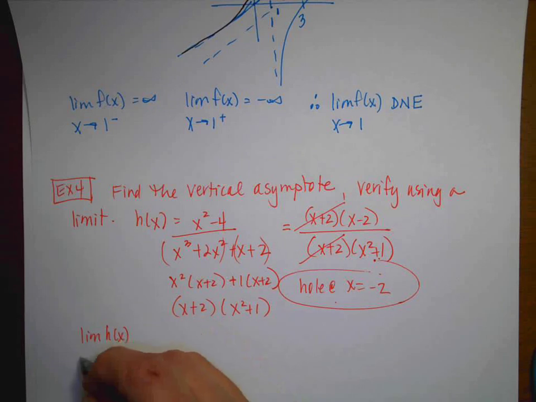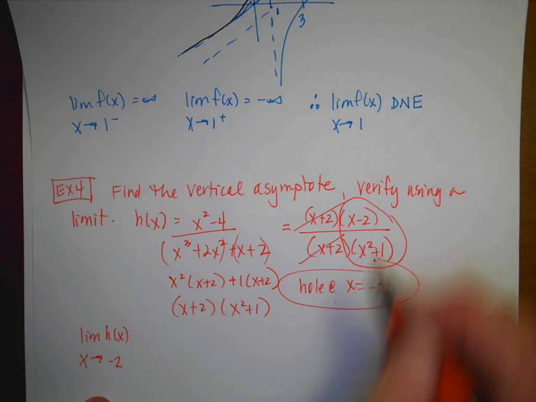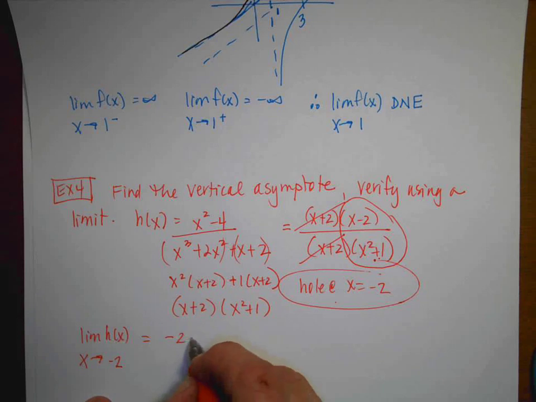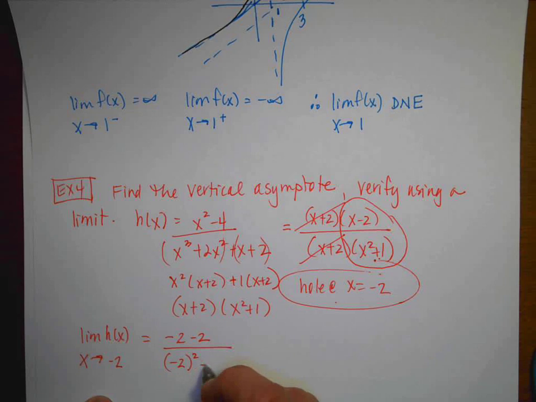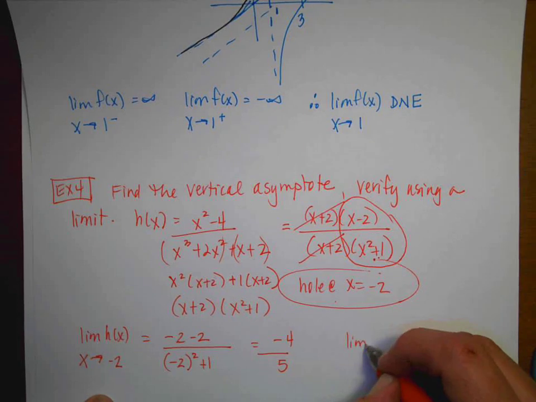So I'm going to take the limit of h of x as x approaches -2. And because my function is this, I can do direct substitution. So I'm going to get -2 minus 2 over -2 squared plus 1. So this is -4 over 5.